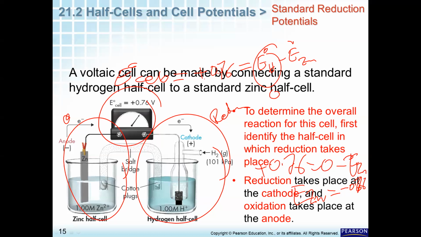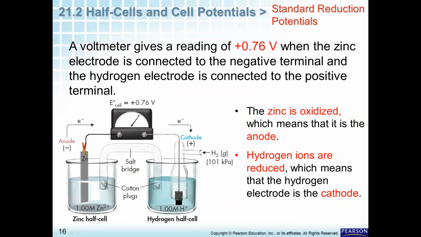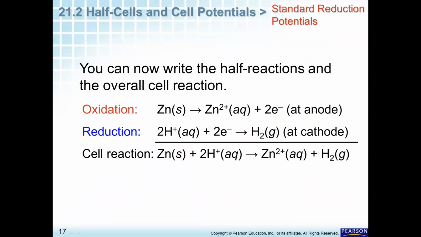Now, what is the meaning of being 0? That's the reference. Being negative, that means here we put it as oxidation, and we get the value of negative. This means that it doesn't like to be oxidized, but likes to be reduced. So that's why zinc is assigned here to the anode, but with the value which is negative.